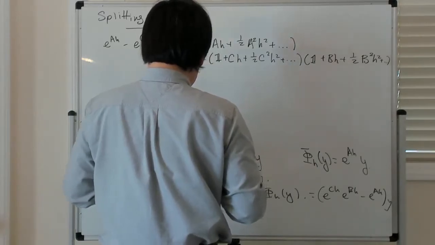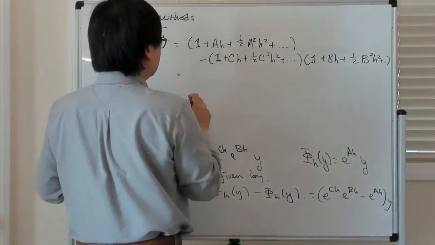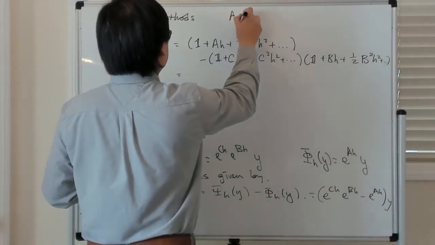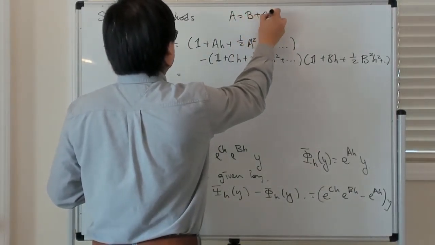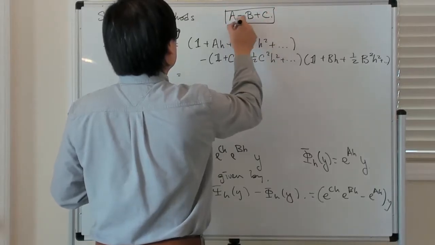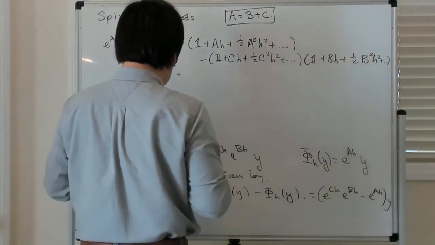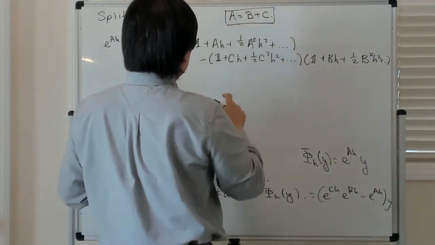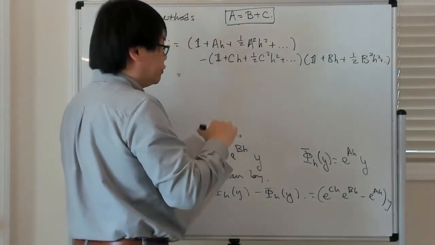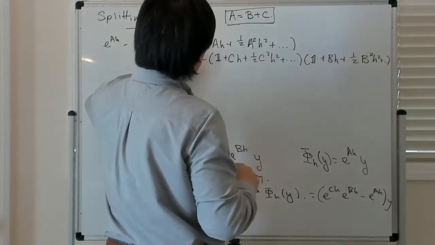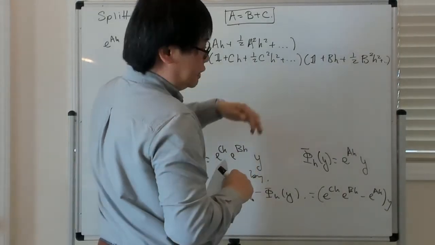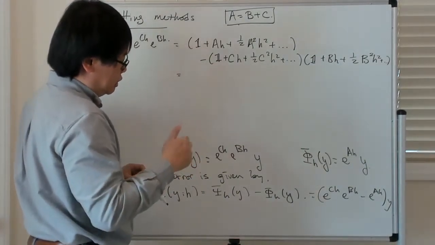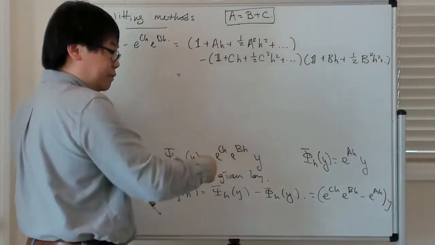All right, so it looks like the following. Of course we have to remember that a is equal to b plus c. It turns out that the zeroth order terms are just identity minus identity, which makes sense because when h is equal to 0, all these things are just the identity maps.